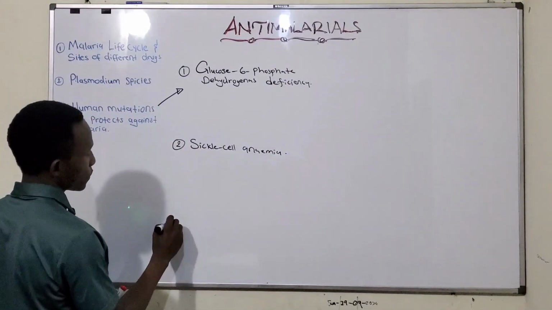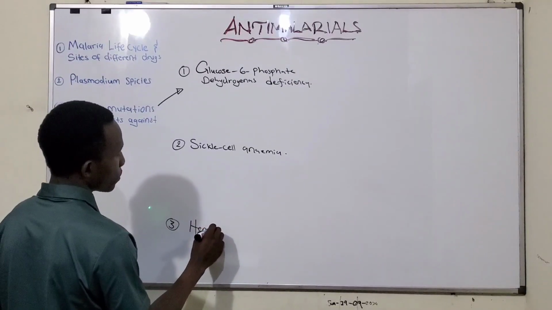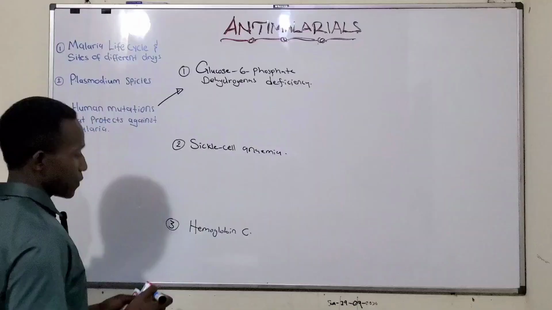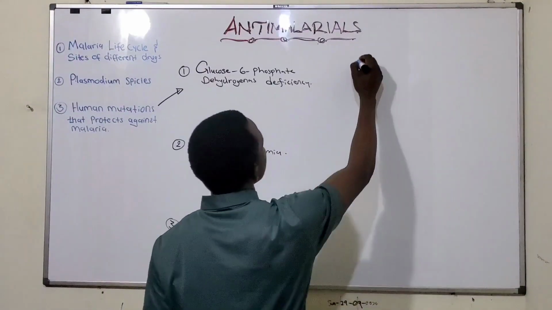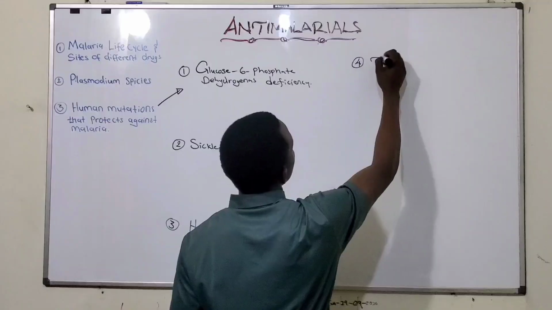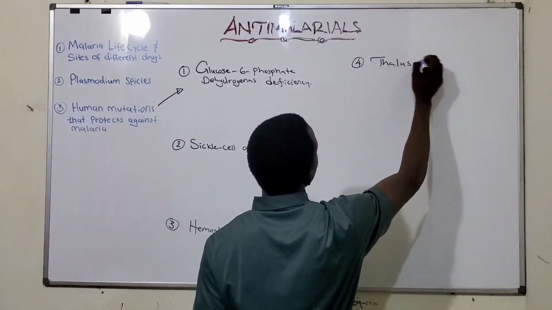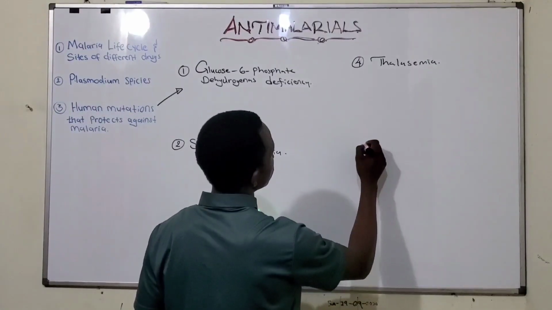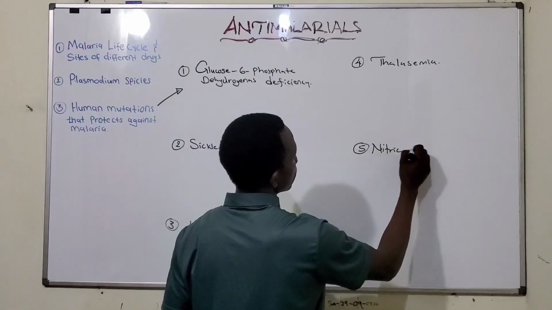Thirdly, we are going to talk about hemoglobin C. Then the fourth one, we have thalassemia. The fifth one, talk about nitric oxide.